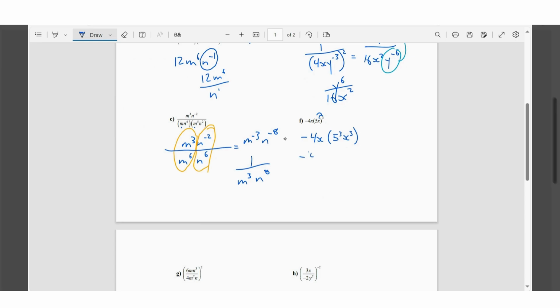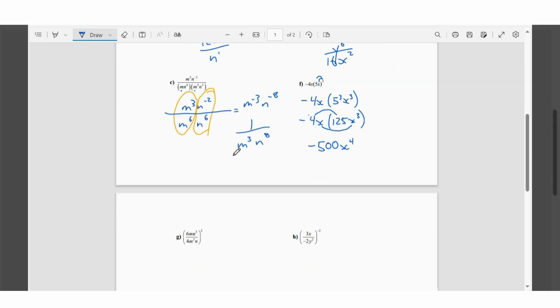Let's do inside the bracket still. 5 cubed is going to give us 125x to the 3. And now we can distribute this inside. So the negative 4 times 125, I guess that'll give us negative 500. And this x times this x squared gives us x to the 4.